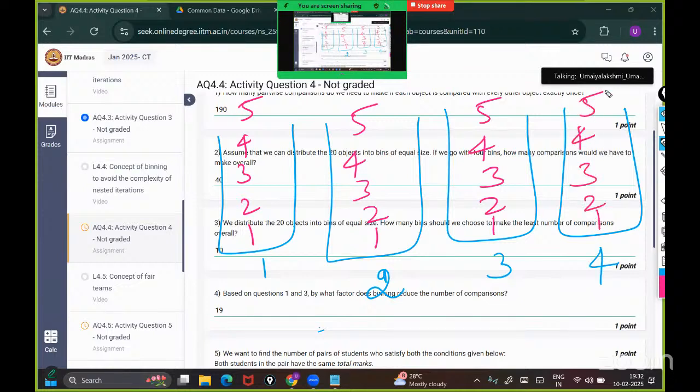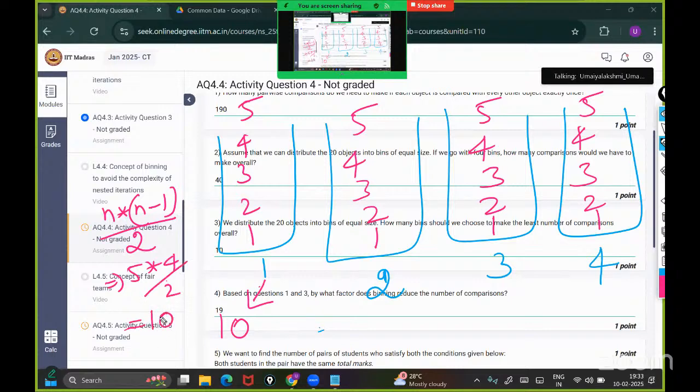Now, how many comparisons can be done in the first bin? 10. How is it 10? n into n minus 1 by 2, which is 5 into 4 by 2, so I'll get 10 iterations.